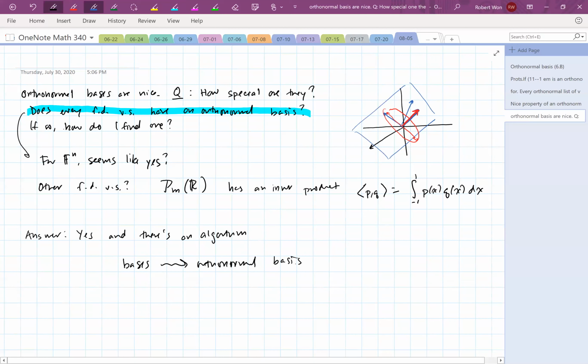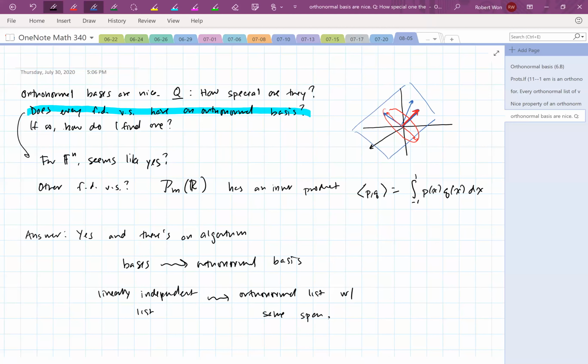It's actually a bit more general even. What it does is it takes any linearly independent list and it spits out an orthonormal list with the same span. It's an algorithm. It's a deterministic process. You can just run the computation.